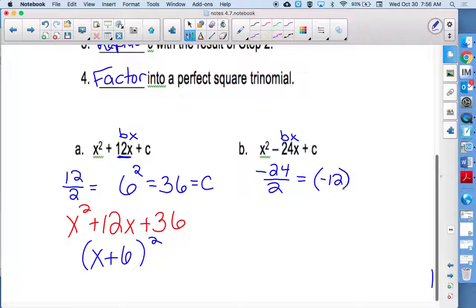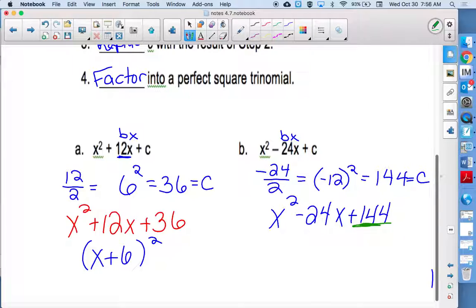When you square negative 12, Cole, it becomes positive 144. Anytime you square a number, it's always positive. So that value is c that I'm going to plug into my expression to make a perfect square trinomial. So this is the number we found to create a perfect square trinomial.